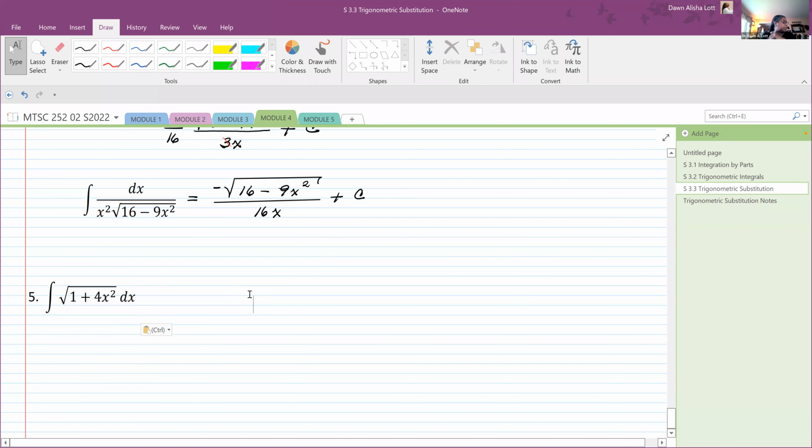Okay, what kind of problem is this one? A tan inverse. Yes, tan inverse. Okay, so a squared is going to be 1, and u squared is going to be 4x squared. So a is 1, and u is 2x.